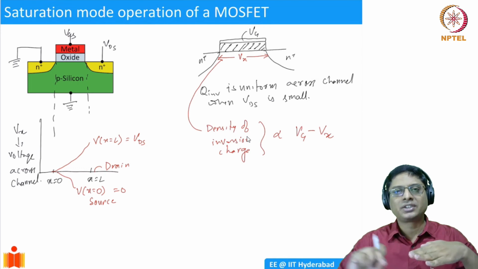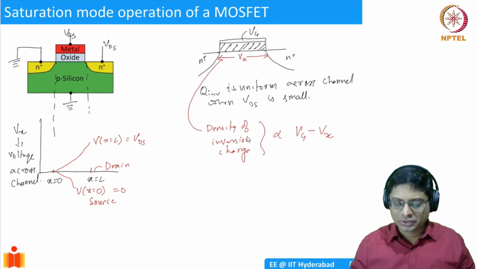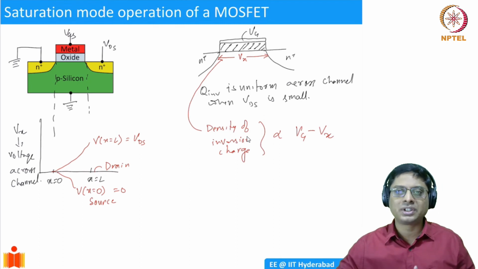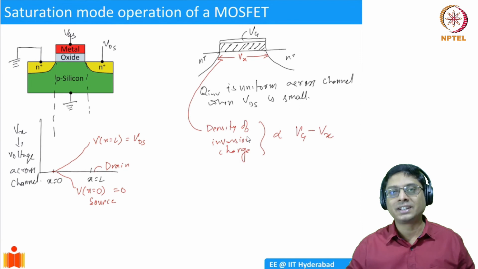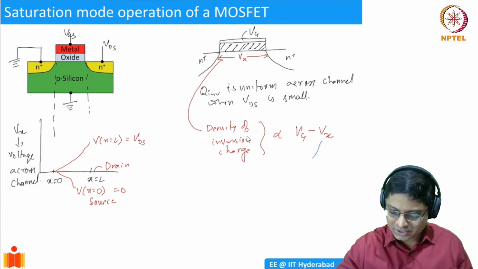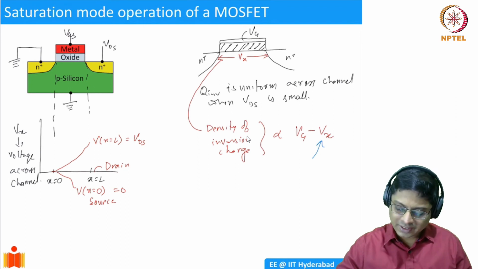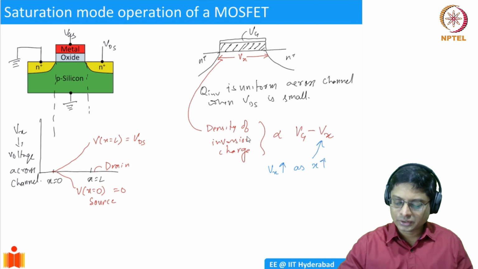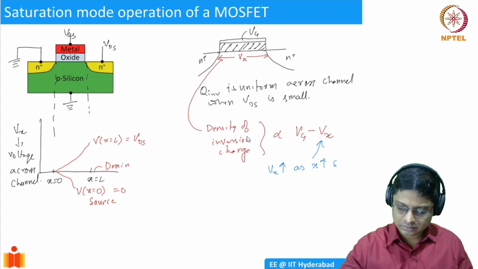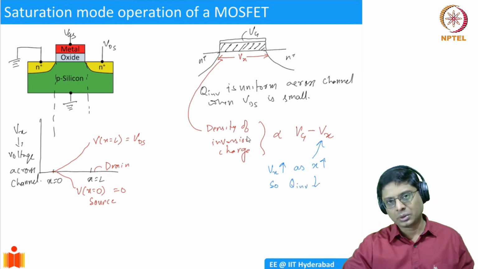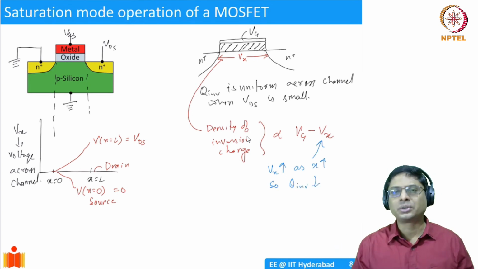So there's going to be variation of voltage across the channel, because of which the density will actually reduce as you go towards the drain side, because Vx is increasing, right? So this Vx is basically the channel voltage. Vx increases as X increases. So Q inversion reduces as you go towards the drain region, right?